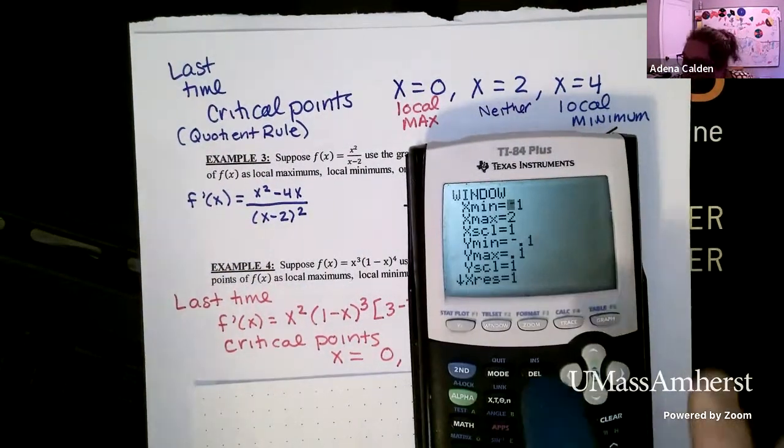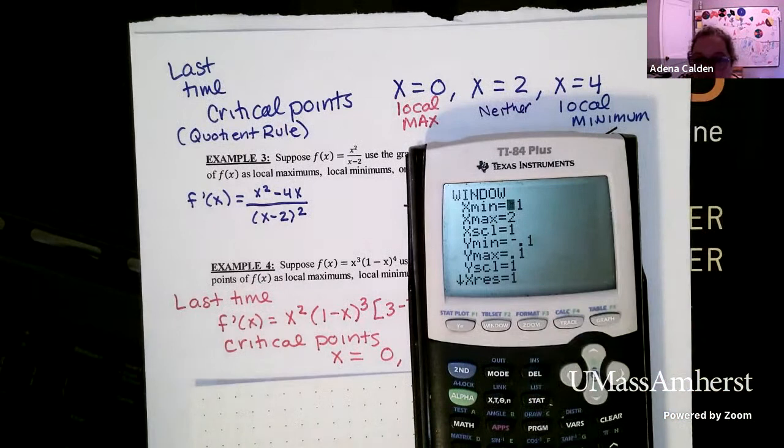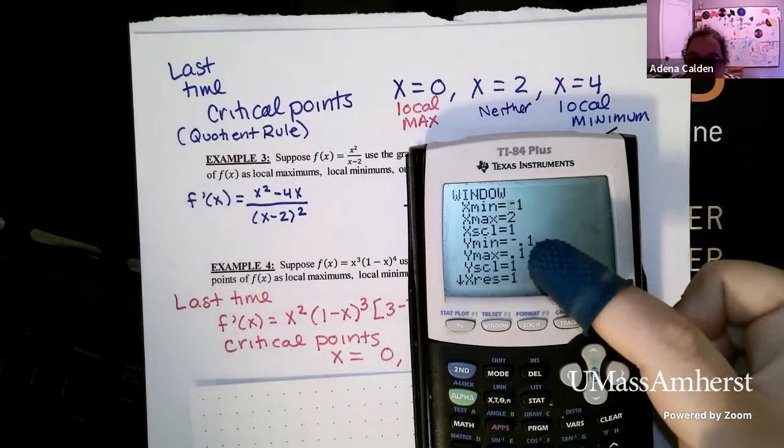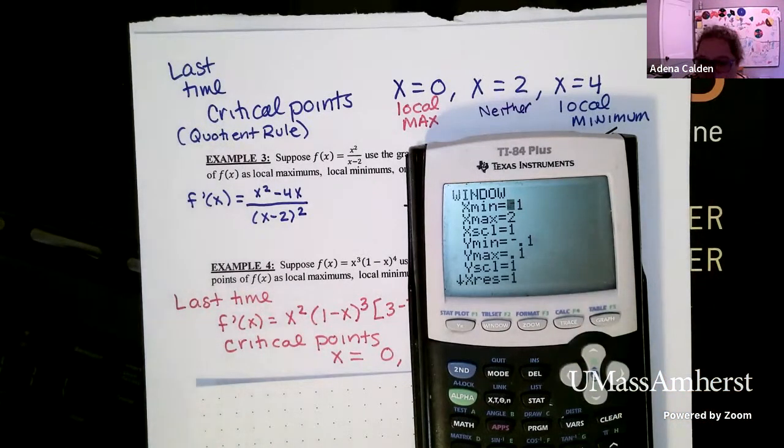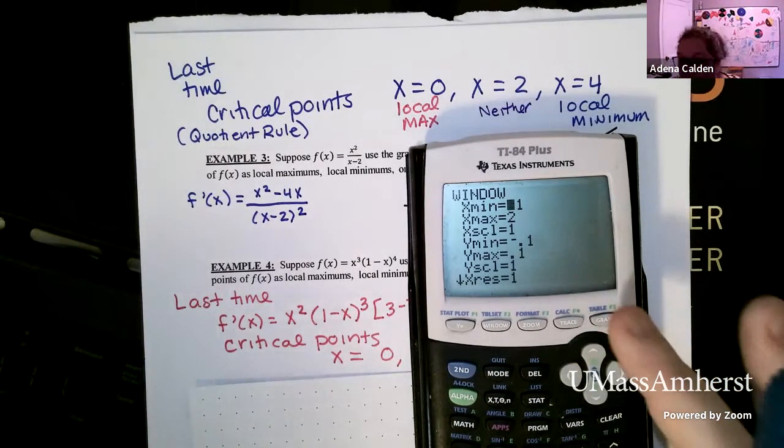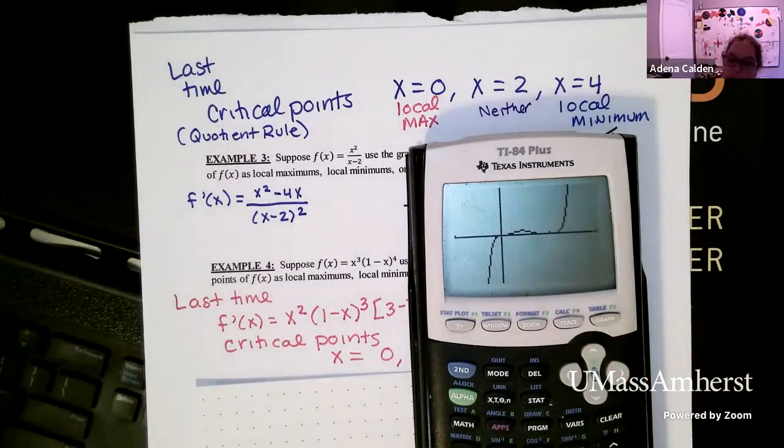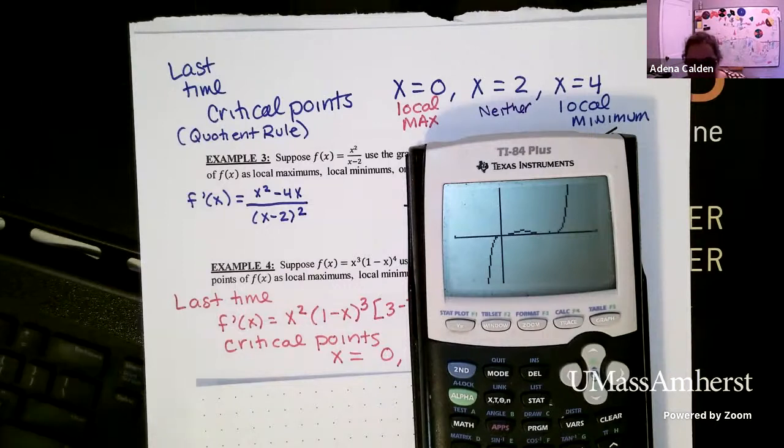Those all fall between -1 and 2. But for my y scale, I needed to zoom in very, very close. If I didn't zoom in, it just looked like a weird flat line everywhere. So I had to zoom in to -0.1 to 0.1. That's how close I needed to be to get my graph to even look like anything. When I'm zoomed in that far, this is the picture I see.